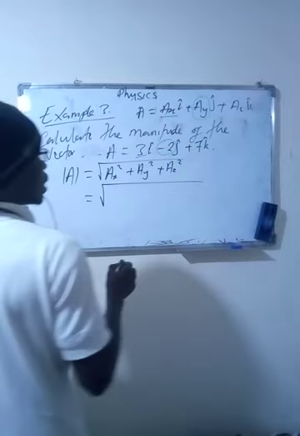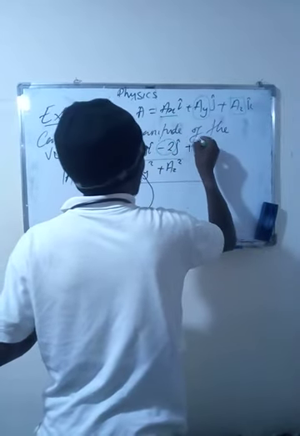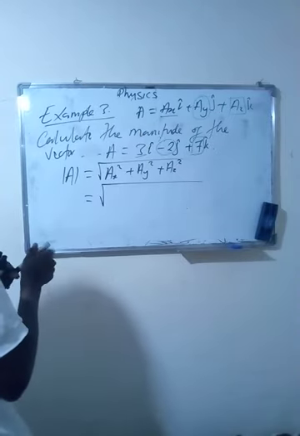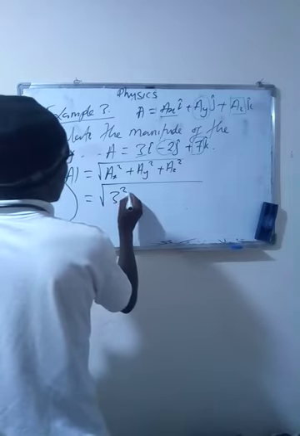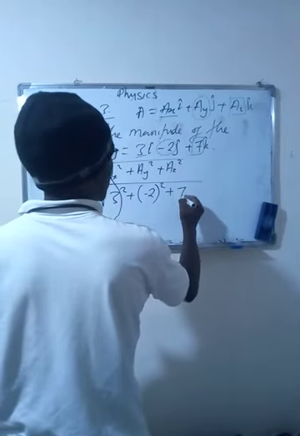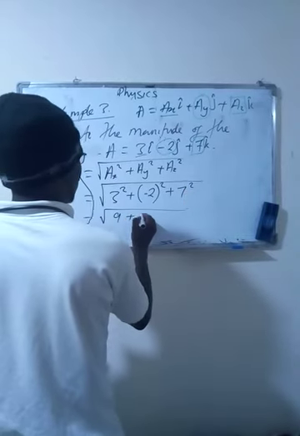Which is 9 plus 4 plus 49, which is 62. So this is going to be the root of 62.